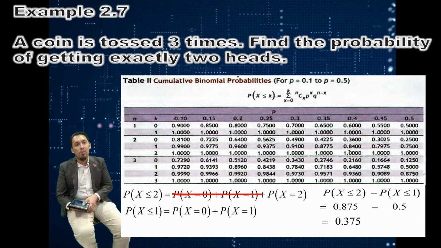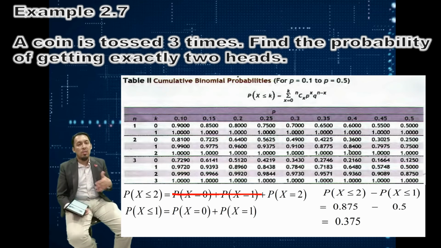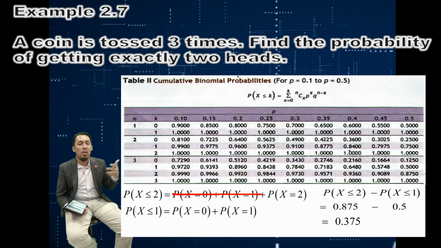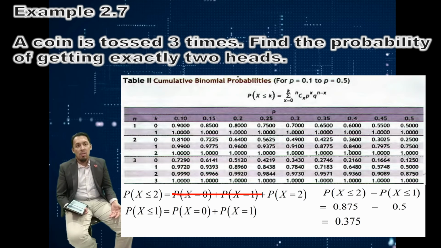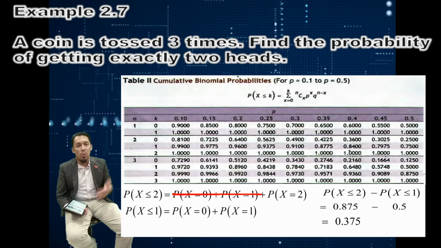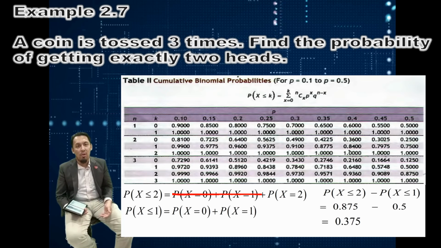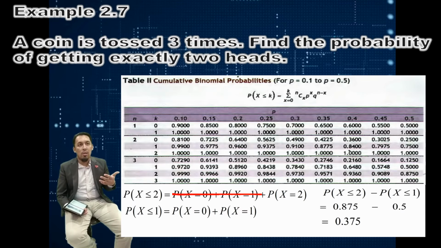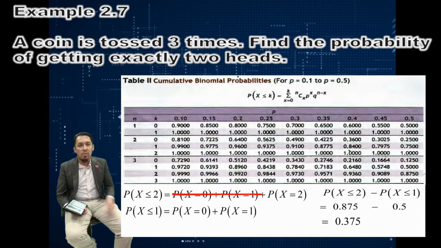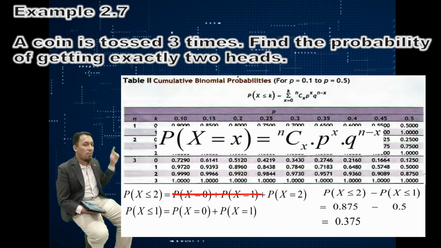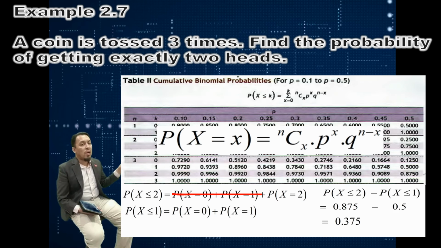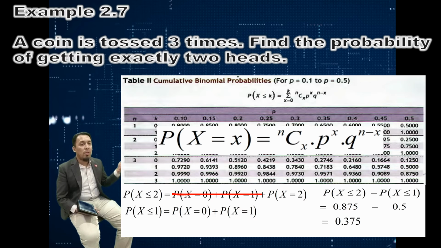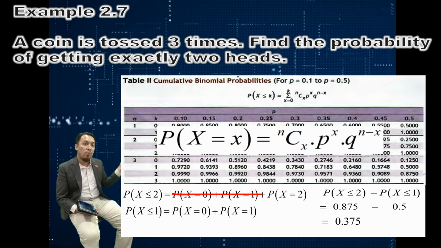It is quite tedious to use the cumulative table. However, it will be useful if there are a lot of cases with a higher n. Just imagine that you want to find the probability of x less than 12, let's say. If you use the formula, you will need to calculate it 12 times, because you need to substitute 12 different values of x.